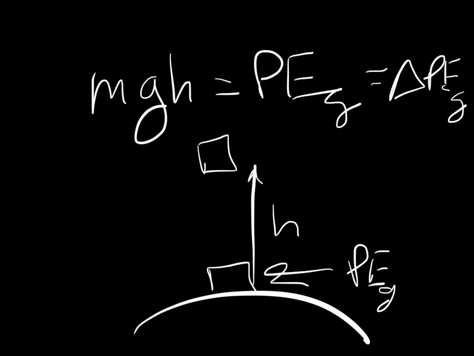Because if I could make the ground underneath the box disappear, would it fall? Yes, of course. So there still must be some force of gravity that creates a potential energy between it and the Earth. So what we're actually doing when we say MGH is PEG, we're saying MGH is equal to the difference in the potential energies here and there, PG1, PG2.